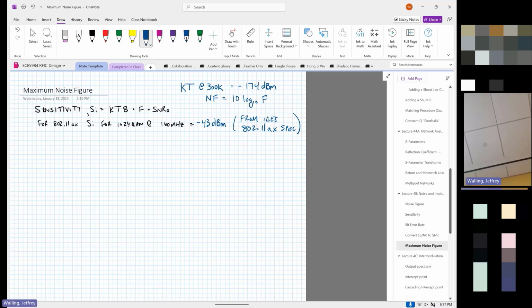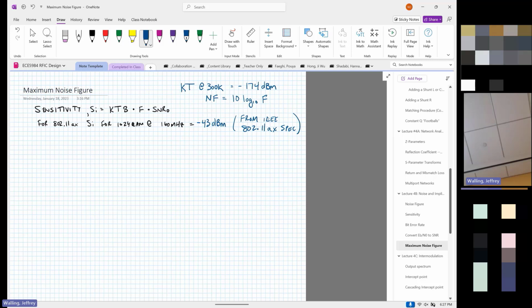Now, every radio system has different specifications, and really the person designing the system has determined that they want this radio to be able to work down to -43 dBm in whatever scenario they're trying to push there. In 802.11ax, that 160 megahertz 1024 QAM channel is not meant for me when I'm walking around talking.